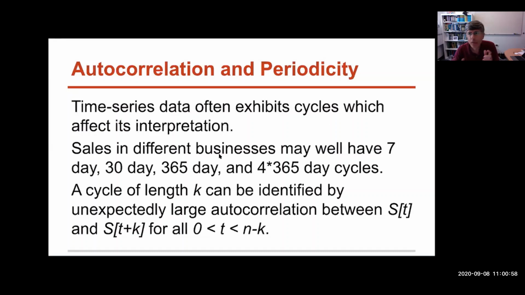How can we identify these long correlations, these correlations that go with time? We say that a time series is autocorrelated if there is a high correlation between the values at time t and the values at time t plus k. For a correlation, you need 2 time series.